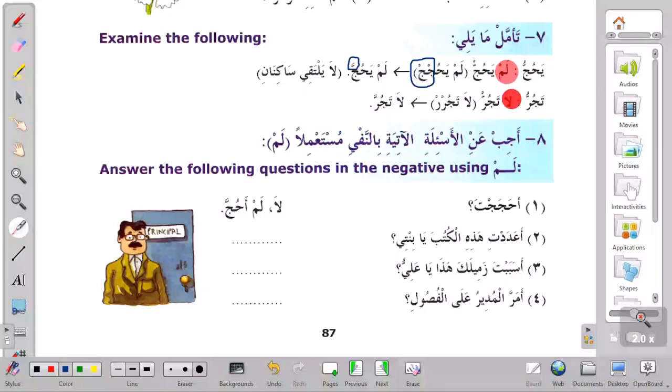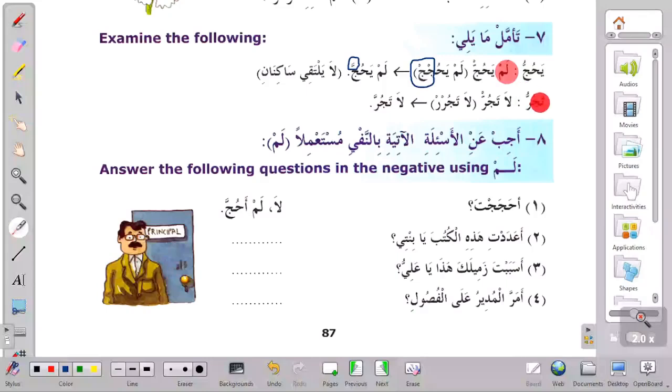Majzoom bisukun most of the time, whether it is the singular absent person you are referring to, or a person standing in front of you whom you are commanding. That's a similar thing. So you see la tajurra. It is actually tajurru, dragging, when you are speaking to the one in front of you.